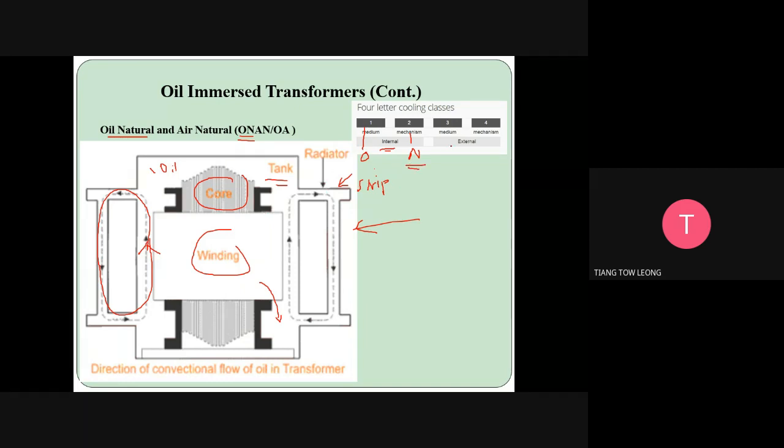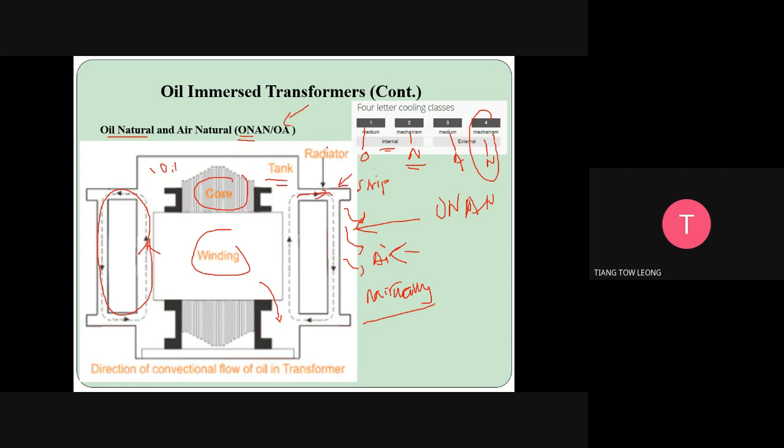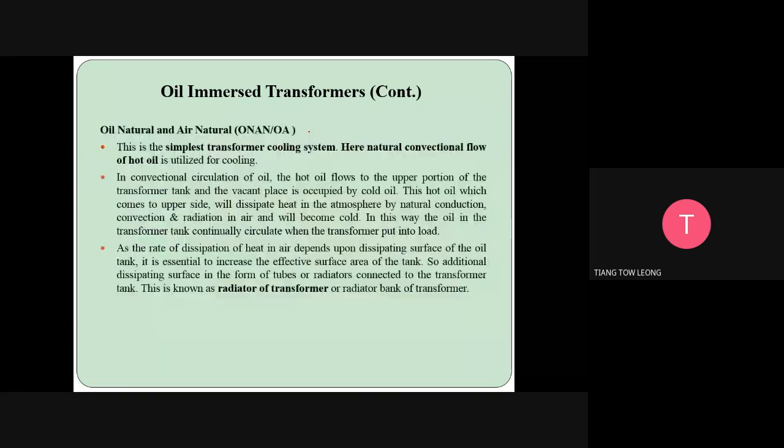And then the external one is air natural. When the heat goes through here, it is released to the outside just by using air, and the mechanism is natural. So for a transformer like this, we put ON, AN, but usually we use ONAN.